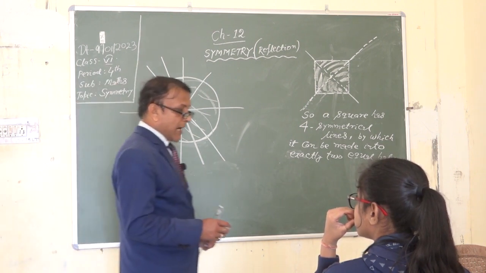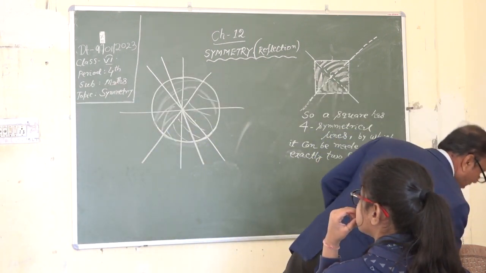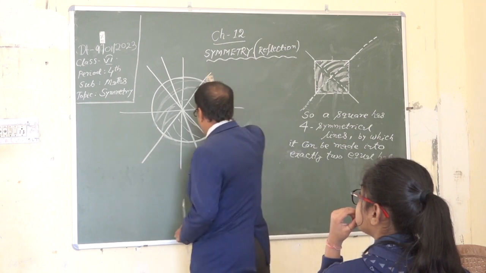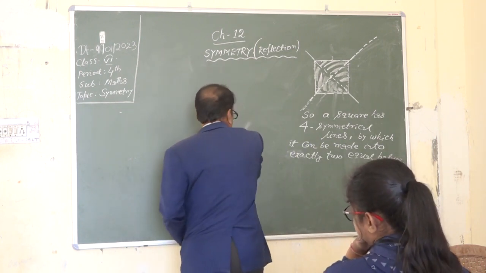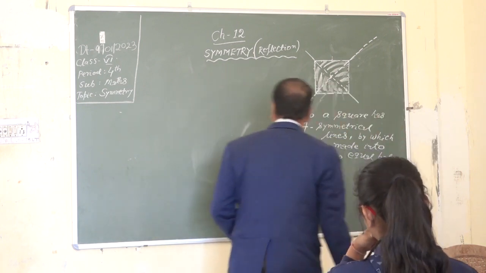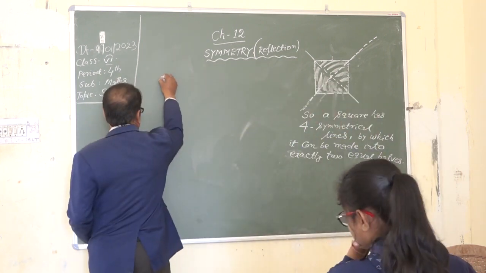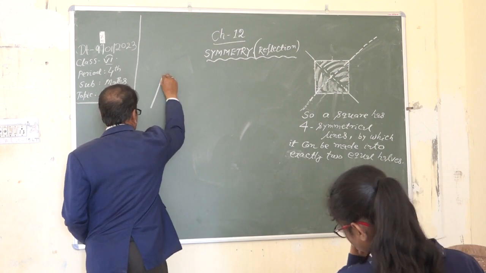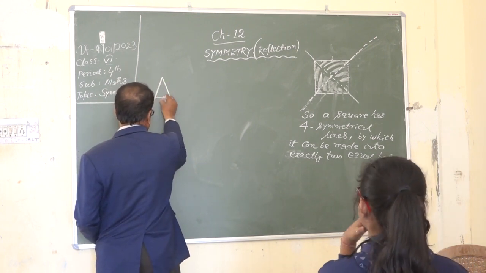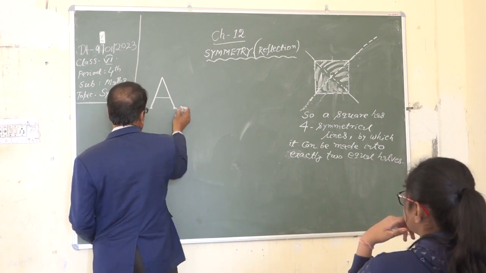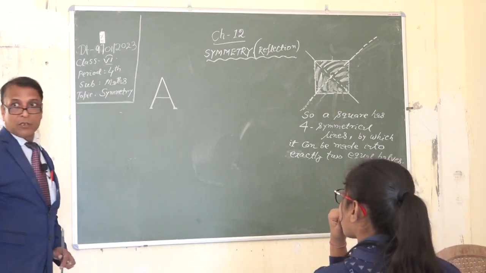Now we have so many English alphabets like A, B, C, D, etc. So now I am just taking the letter A, and I will ask you something.